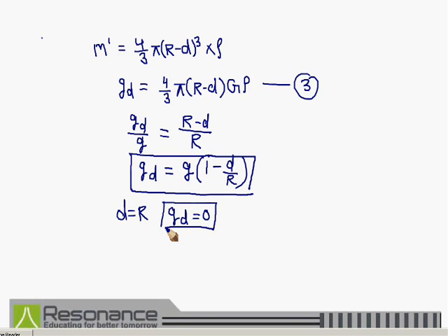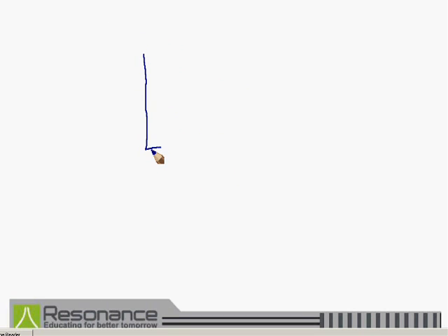Now, we draw a figure which shows the variation of gd and gh as a function of r, where small r is the distance from the center of the sphere.